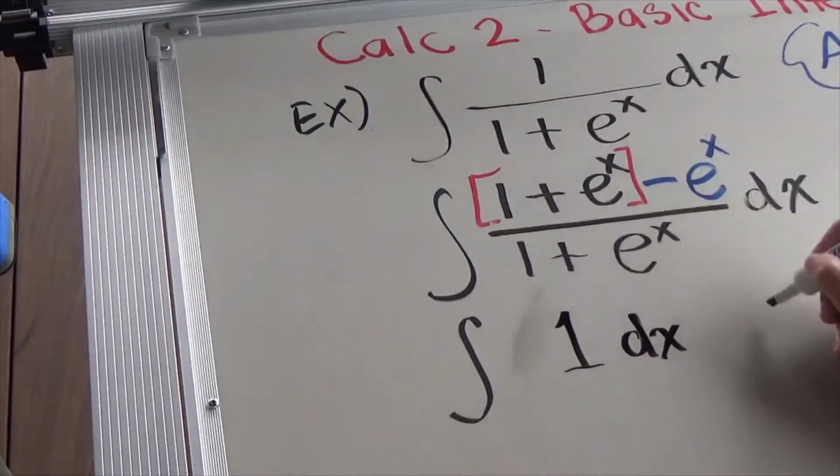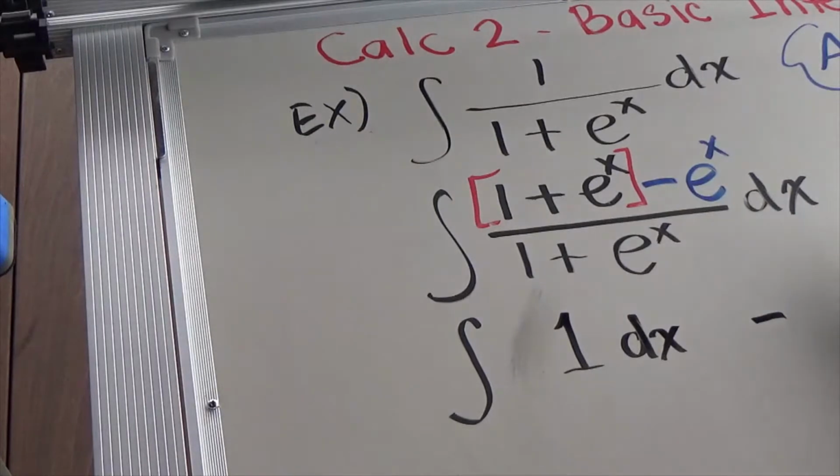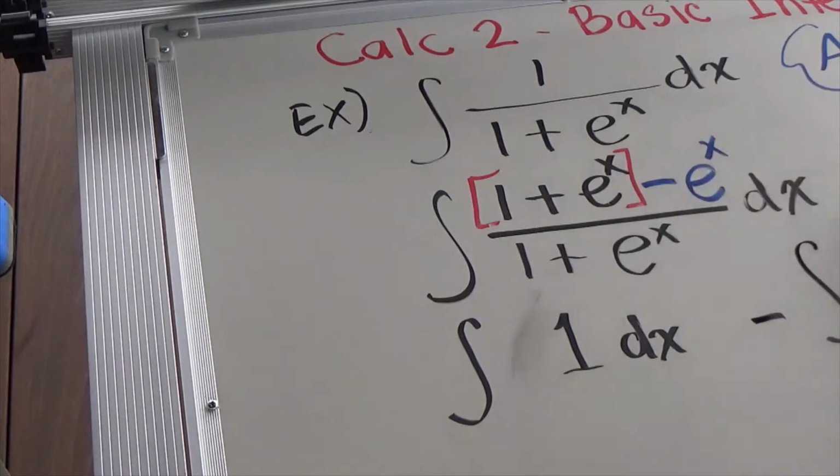And then minus the integral of the second part, the blue part right here, e to the x over 1 plus e to the x dx.